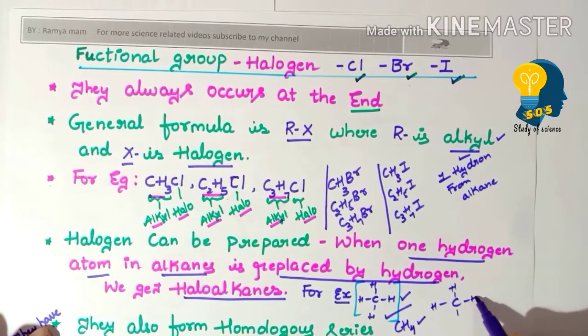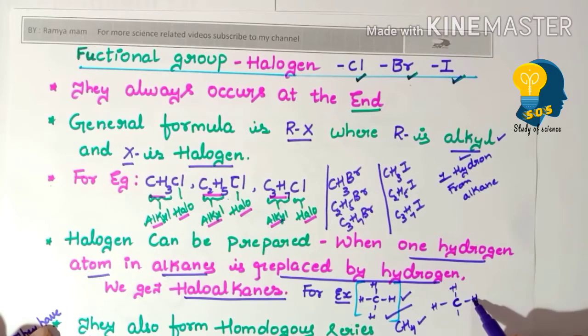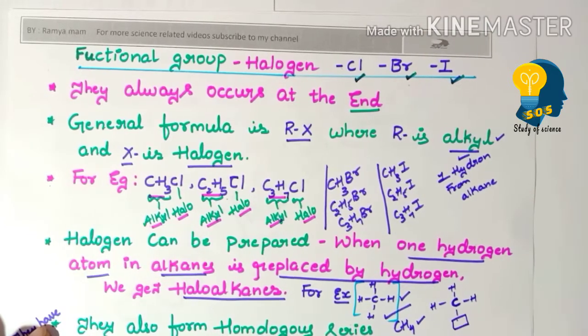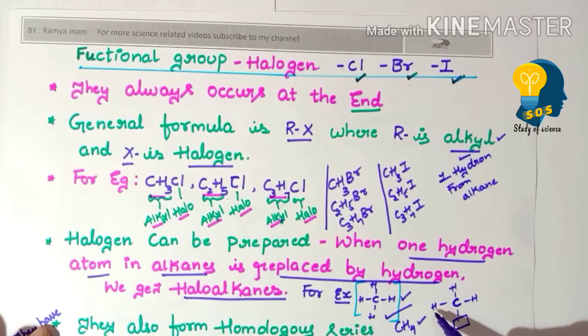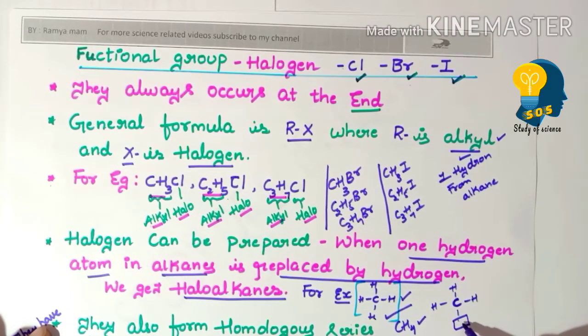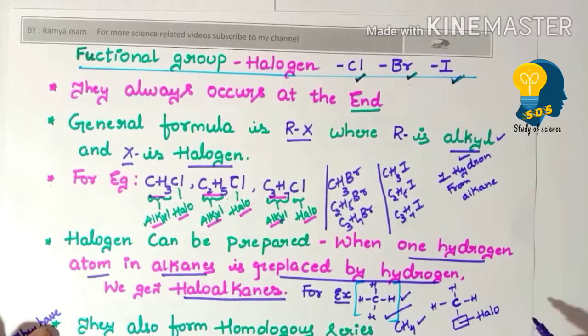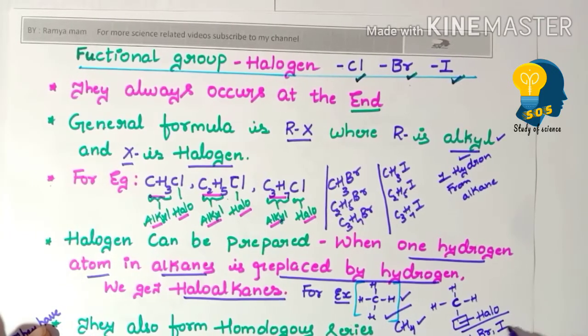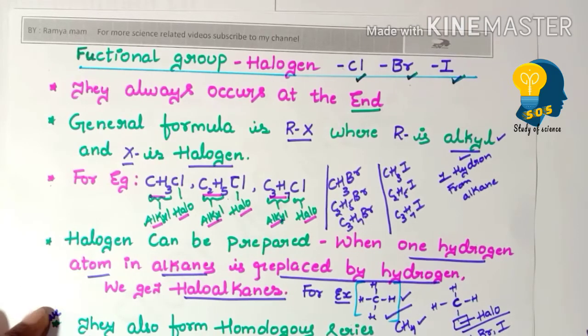We have the alkane, that is one carbon atom attached with 4 hydrogens. Now I am going to remove one hydrogen, this hydrogen part. By removing one hydrogen, I am going to attach the halogen in its place. The halogens may be chlorine or bromine or maybe iodine.